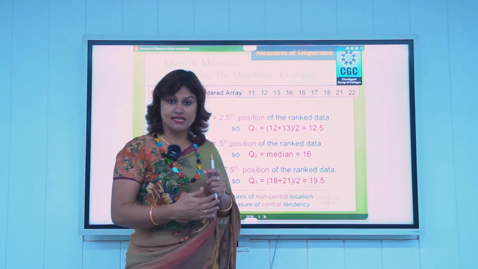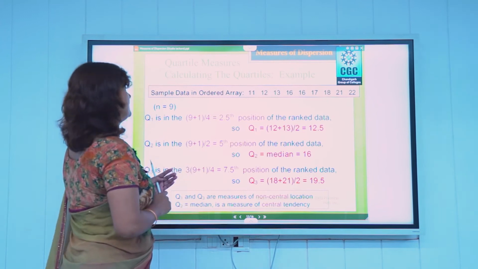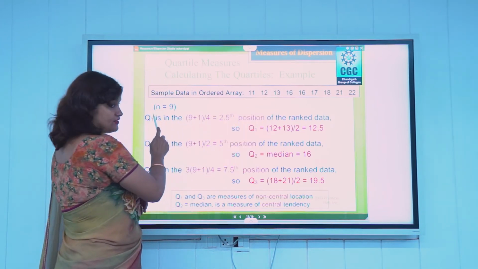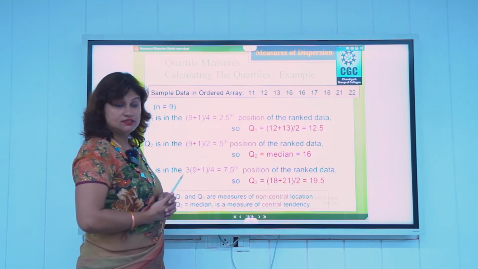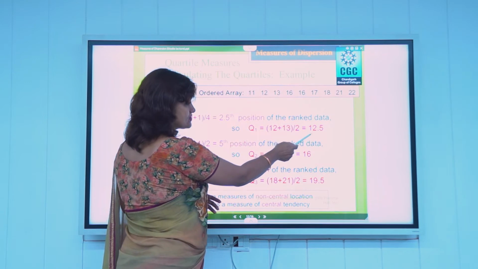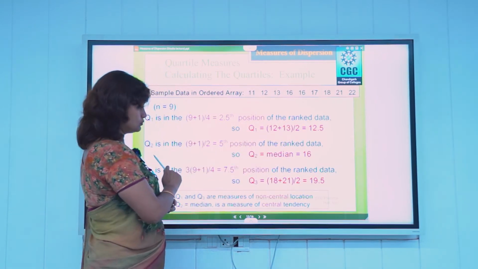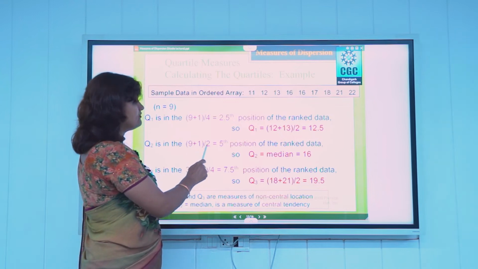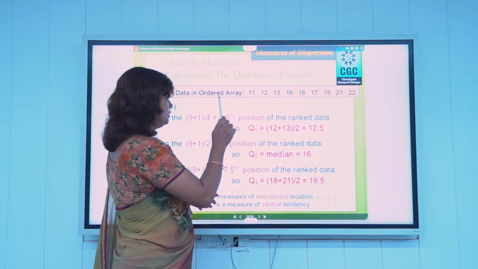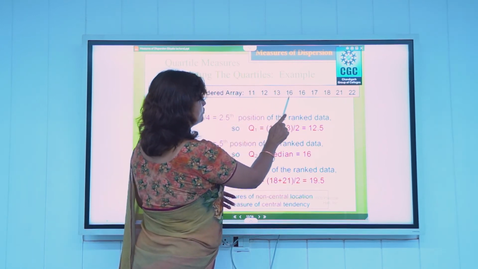Carrying forward the same example, we will be calculating Q2 and Q3. The same example is again here. We have taken n equal to 9, and this is the 2.5th position, which gives us 12.5. For Q2, which is n plus 1 divided by 2, that means the 5th position, and looking at the 5th position, this is 1, 2, 3, 4, 5.